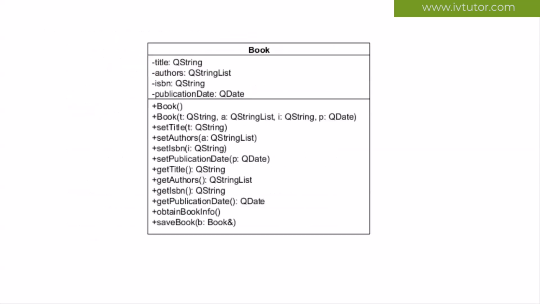So let's go back to the book class. Now, speaking of general OOP principles, which is something we're going to look into in more detail when we look at exam preparation classes, a class should only have one responsibility. So usually whenever you've got something that reads from a file, this should be a class on its own. Whenever you've got something that writes to a file, this should be a class on its own.